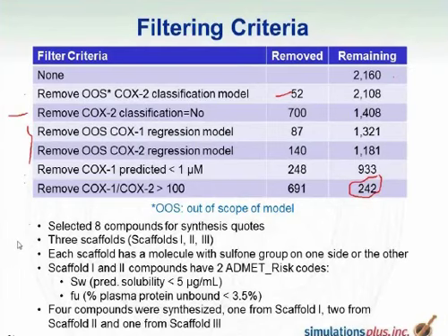And obviously we want active compounds, so the way we pick these 8 compounds is very important. There were 3 scaffolds, arbitrarily named 1, 2, and 3. Each scaffold had a molecule with the sulfone group on one side or the other. So maybe one was inactive, but the other one should be active. Scaffolds 1 and 2 had 2 ADMET risk codes.